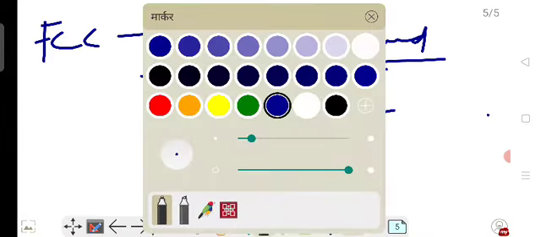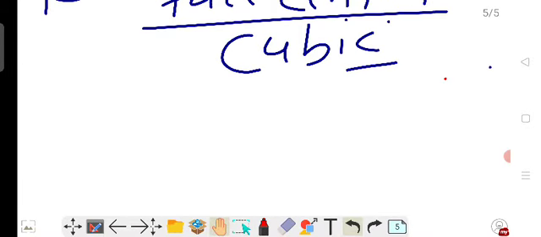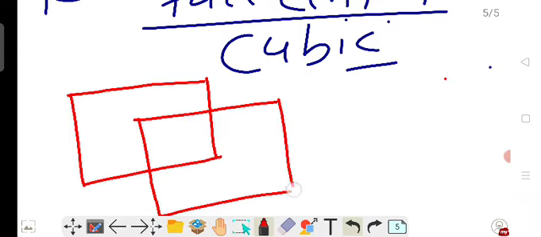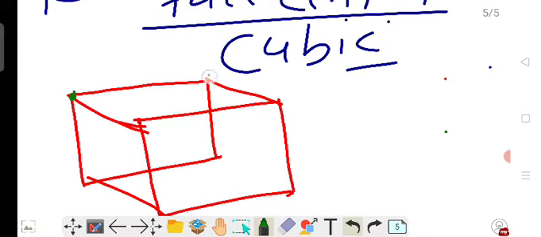So how does it look like? Let me draw the diagram of it. First of all we make a cube, similar to the earlier one, and by its name it is face centered. That means, as we know, there are eight corners and hence there are eight lattice points.